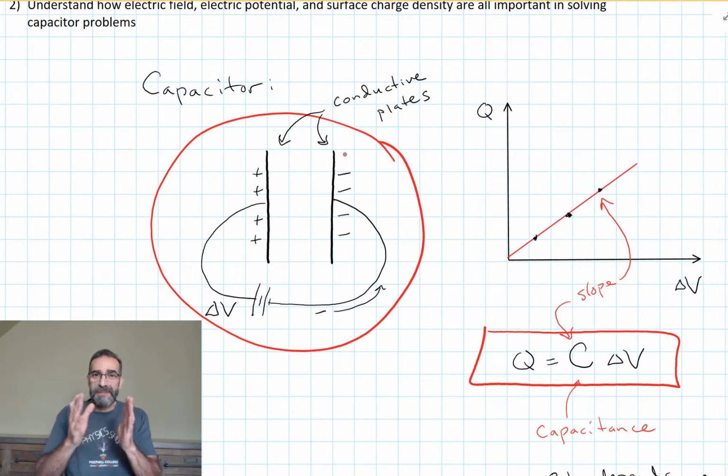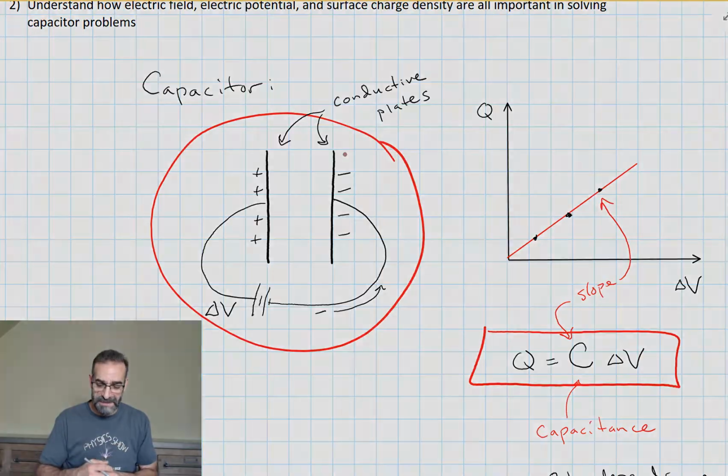I've just separated the charges. I've given them some potential energy. And we were storing some energy in the electric field between the plates. But we sort of loosely say we're storing charge on the capacitors. But really, we're storing energy in the electric field.